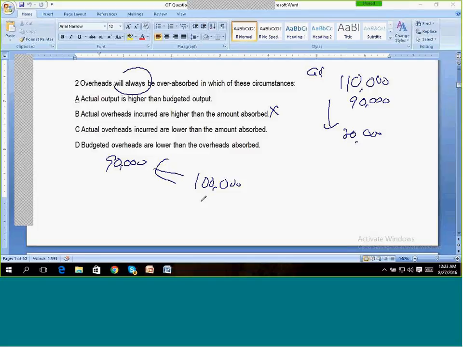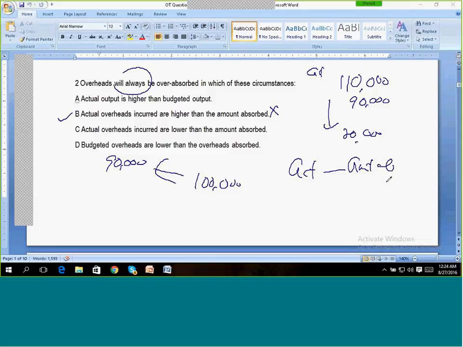If it is under absorbed, it will be B. If it is B, overheads are higher than the amount absorbed. All this under absorption and over absorption is between actuals and absorbed.